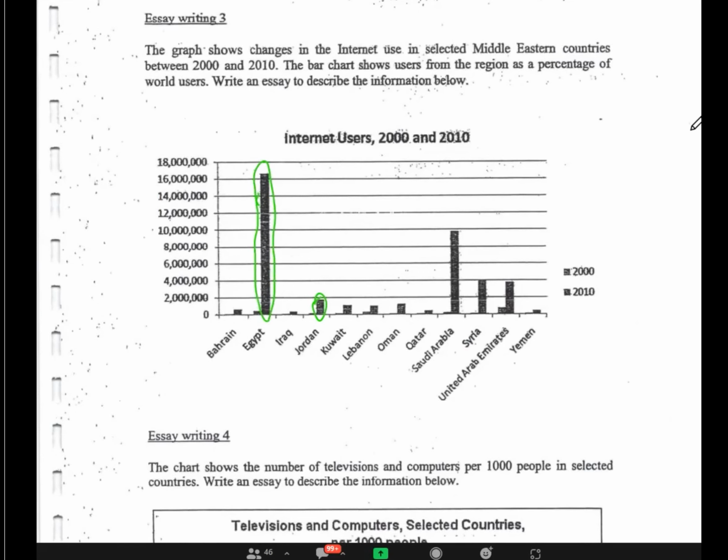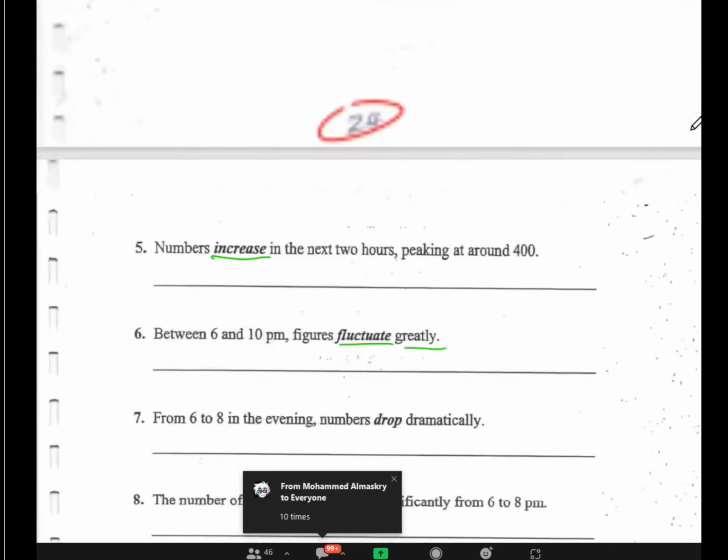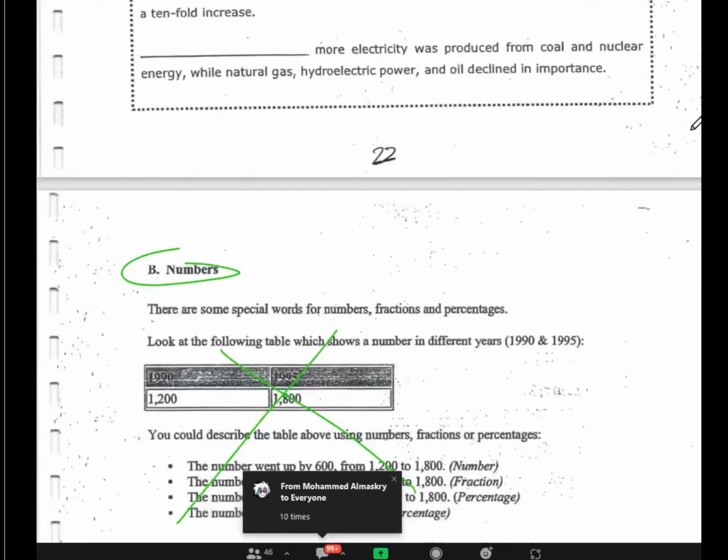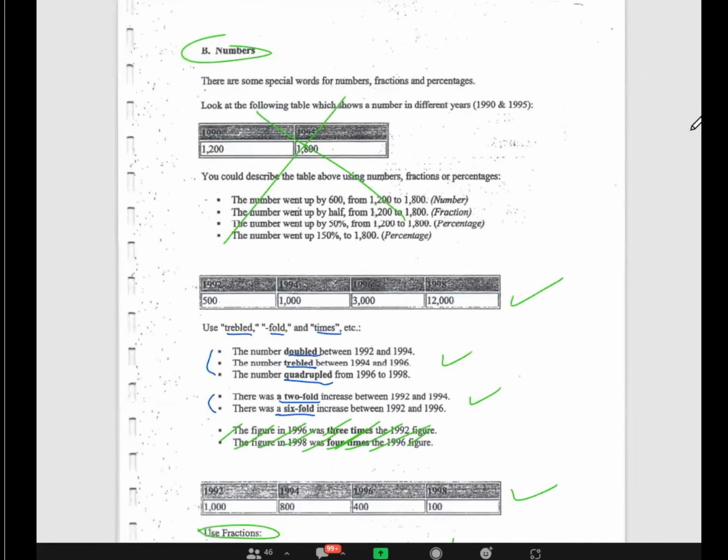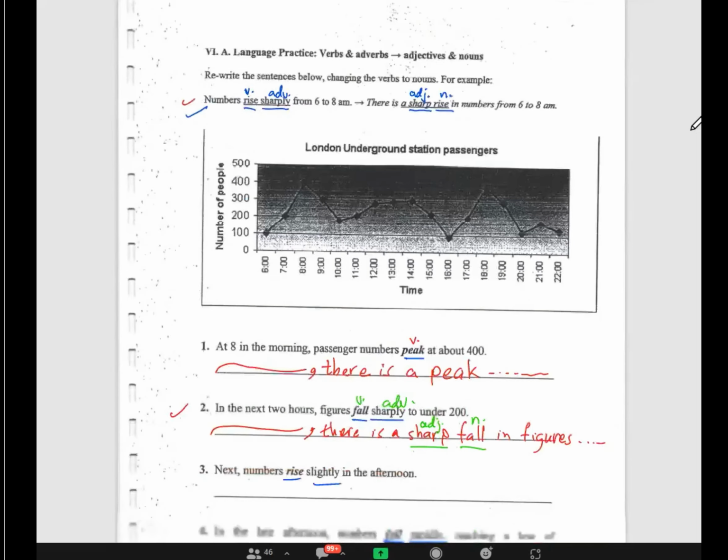What's the fraction here? It's about 1/10. But by looking at it, you can decide. You can estimate. So this is how to use the numbers. But this one will confuse you. Don't worry about it.